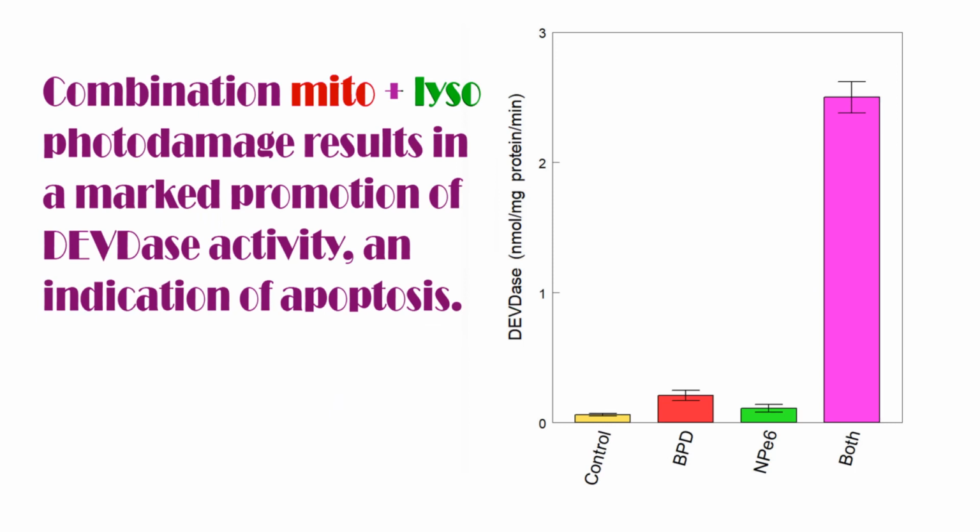This image shows that the combination of BPD plus another agent, this time NPE6, which also targets the vasculature and lysosomes, had a synergistic effect in cell culture where there's no vasculature to be shut down. This result indicated that it was the site of subcellular photodamage that was the important factor here, not any antivascular effects.